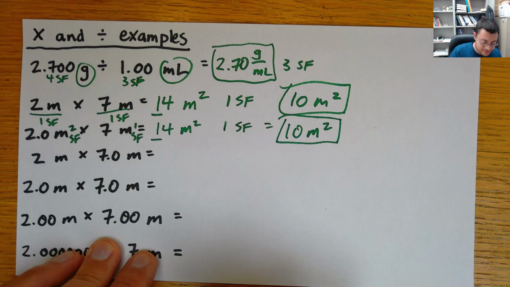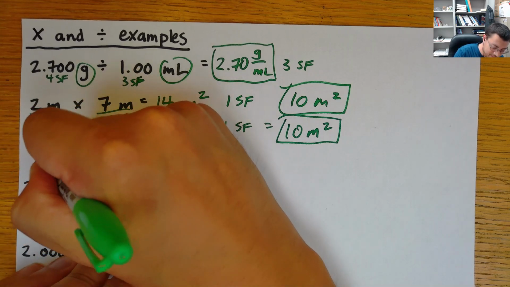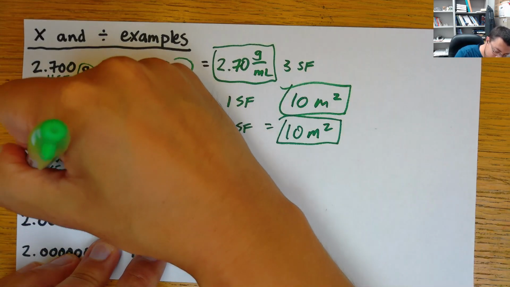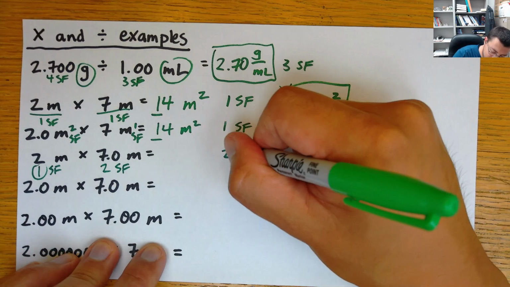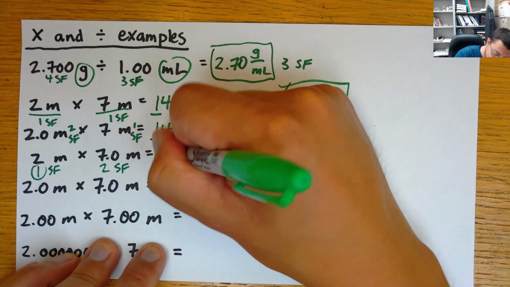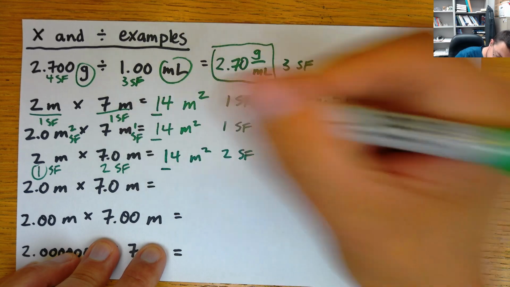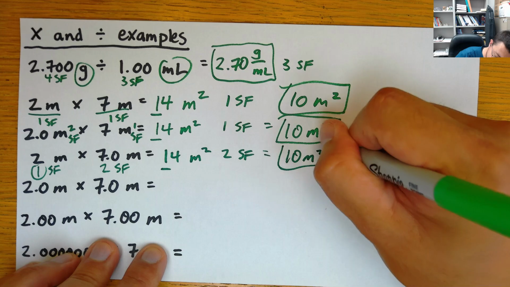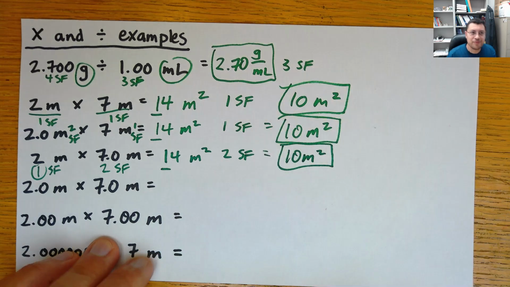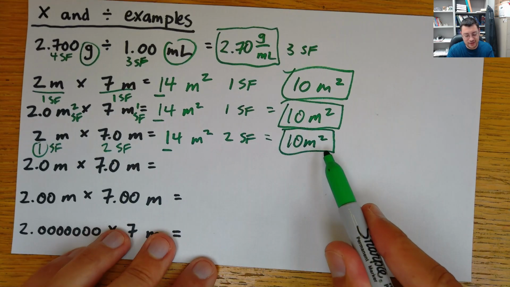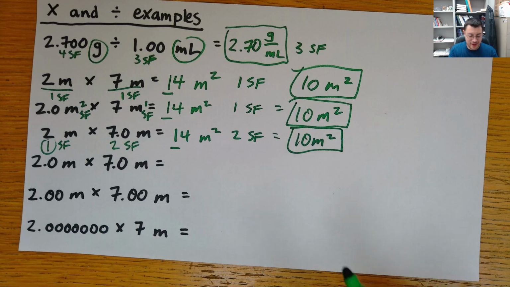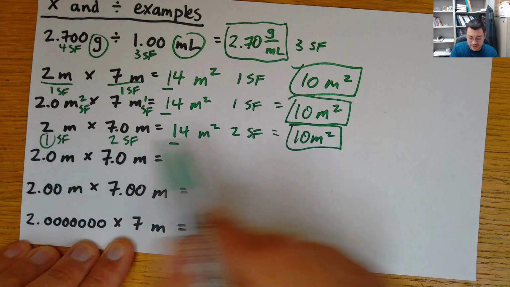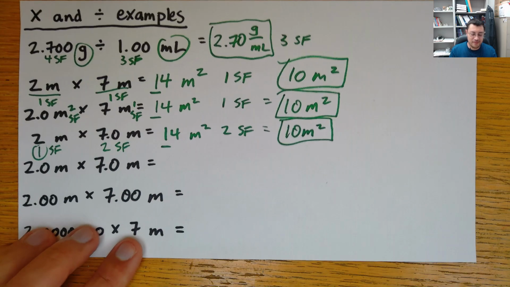Same thing here. 1 sig fig, 2 sig figs. The lowest number, so we're going to have a 2 sig fig answer here. Okay. I really don't like writing this. It hurts my heart that this was precise, but that wasn't, and so I'm forced to write something like that.